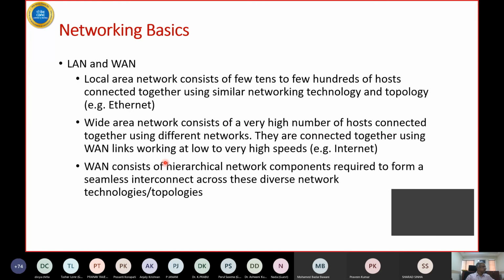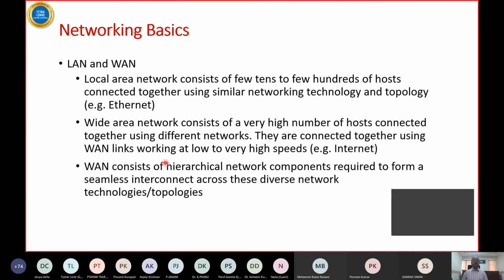The last thing we are describing is Ethernet before we talk about sensors. When you describe networks or networking protocols, they are generally classified into local area and wide area. So what is local area?